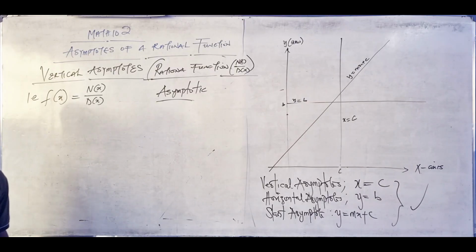Are we there? Put this down. Steps to show vertical asymptotes.